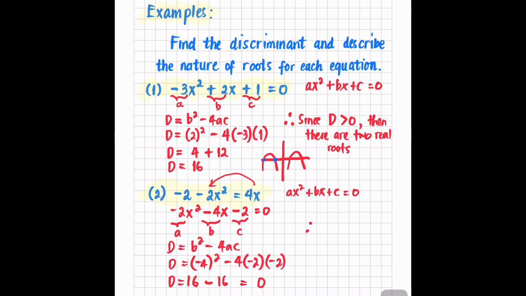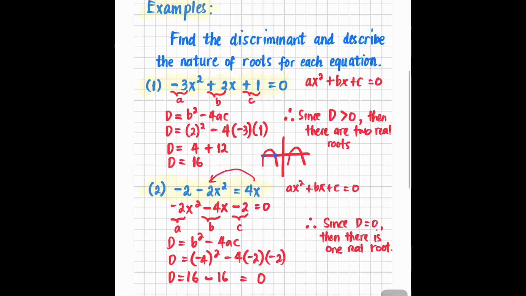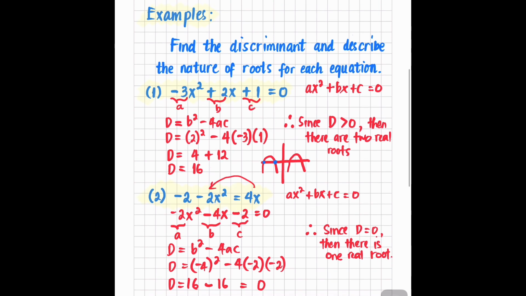And from the value of the discriminant that we got, since the discriminant is equal to 0, then there is one real solution or real root. And relating that conclusion to the possible graph of this equation, we're going to be expecting something like this. Since a is negative, definitely the graph will be opening downward.